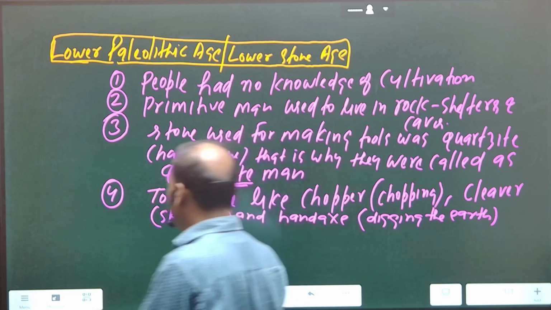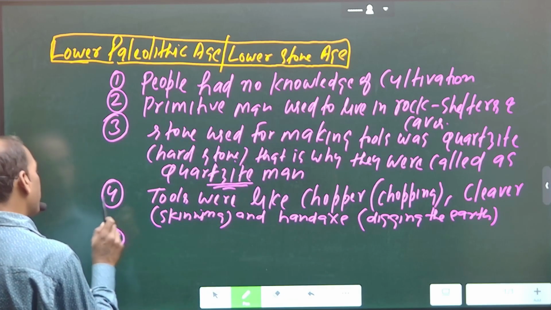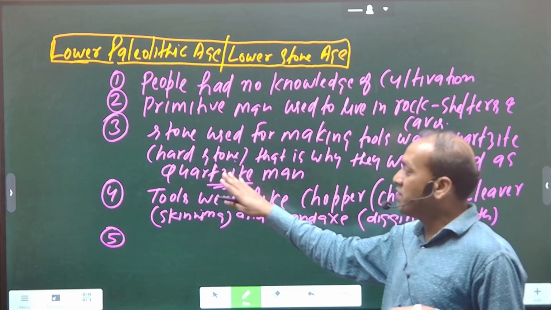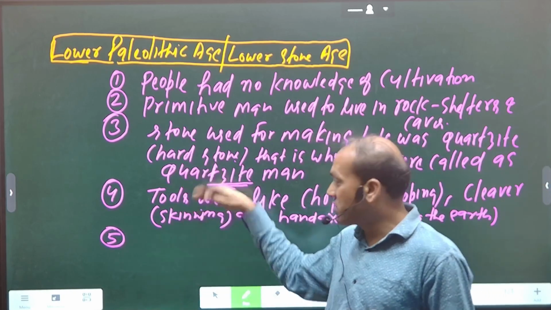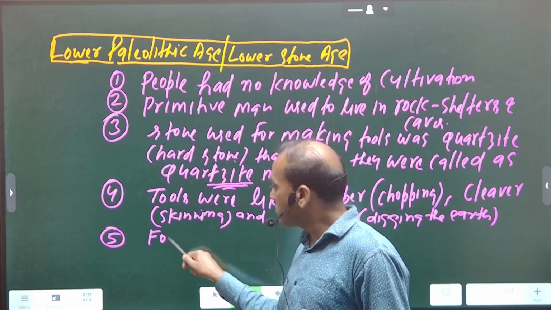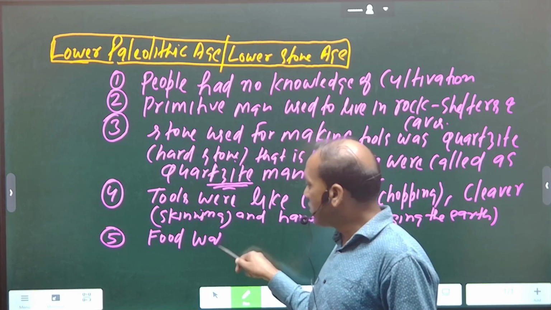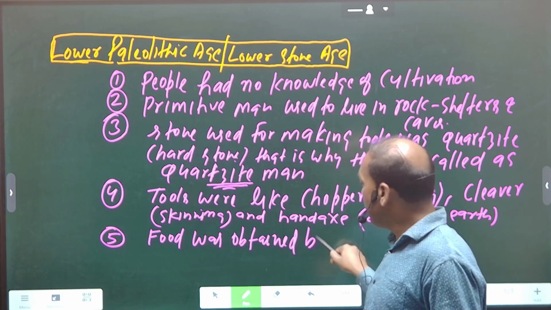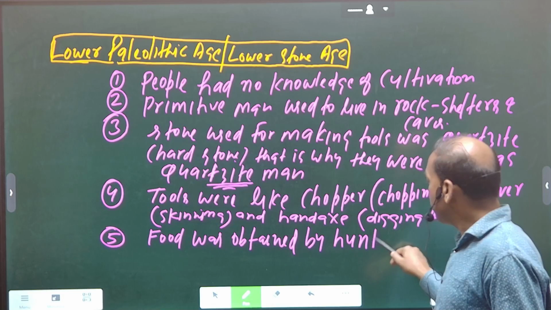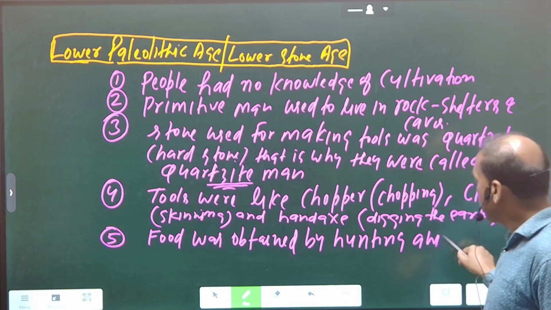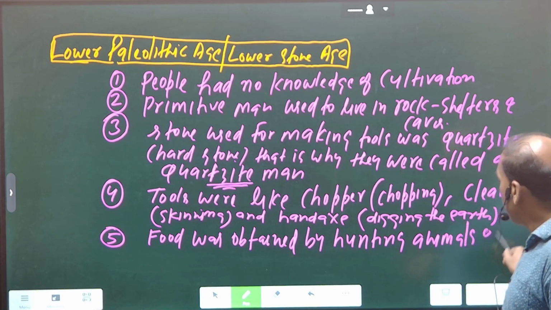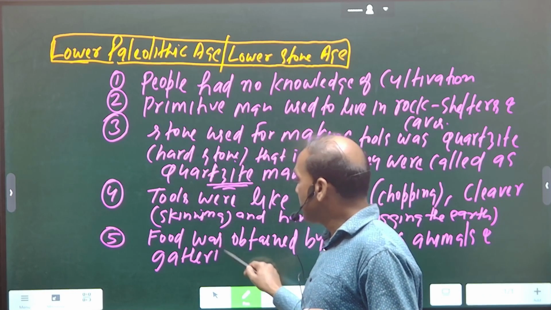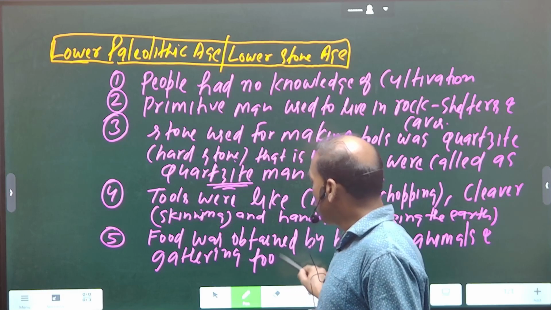How was their lifestyle? So their lifestyle was like food was obtained by hunting animals and gathering foods.